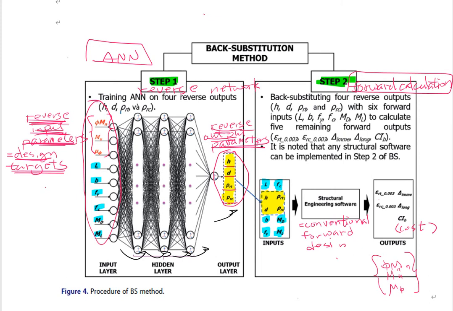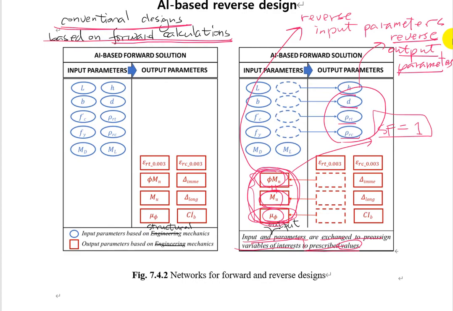This is regular conventional design based on forward calculations, and you can recall this diagram, and here you have regular conventional input parameters and you calculate conventional output parameters.